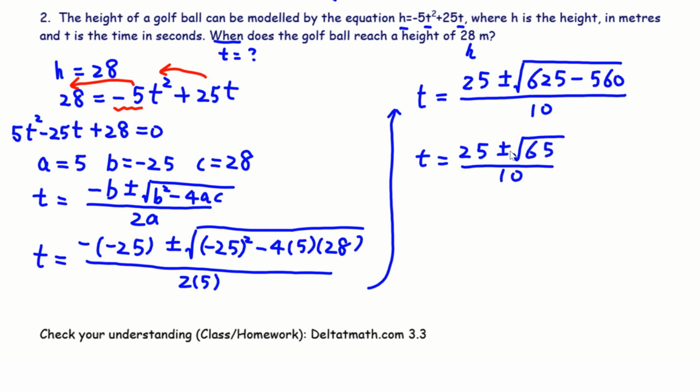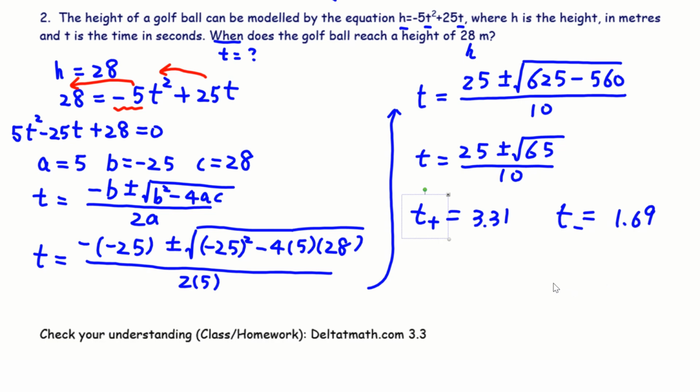Then use your calculator to find out what you are going to have with the plus sign. With the plus sign it is 3.31. When you have the negative sign, it will give you 1.69.